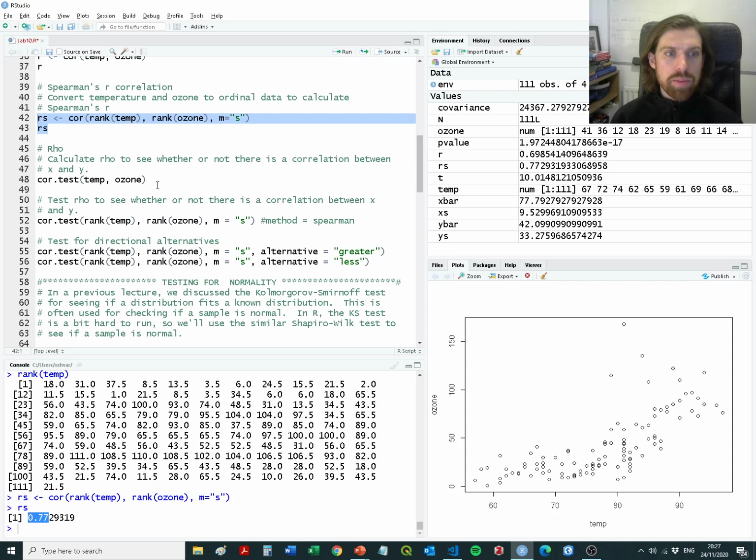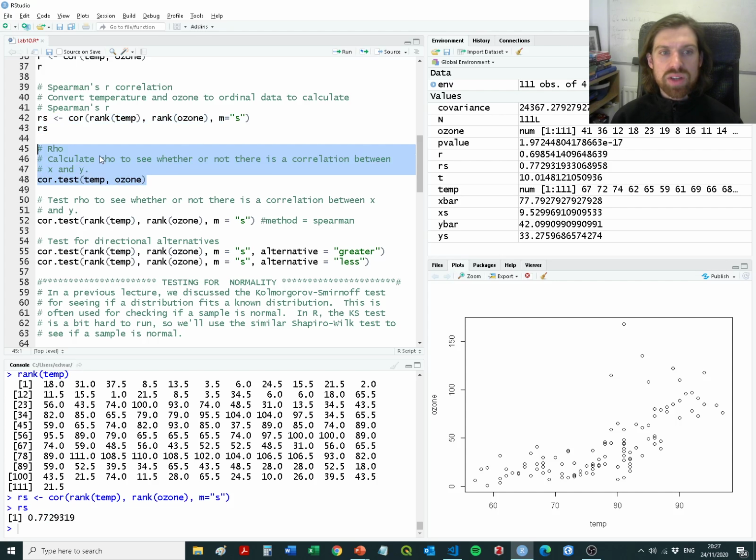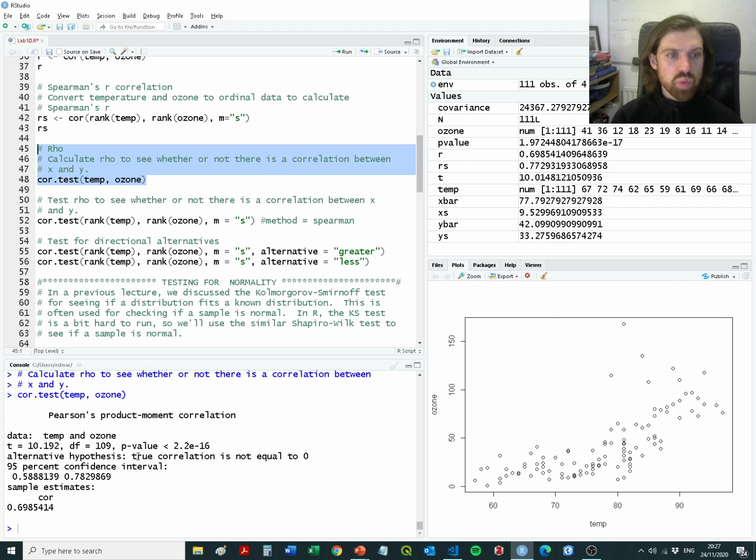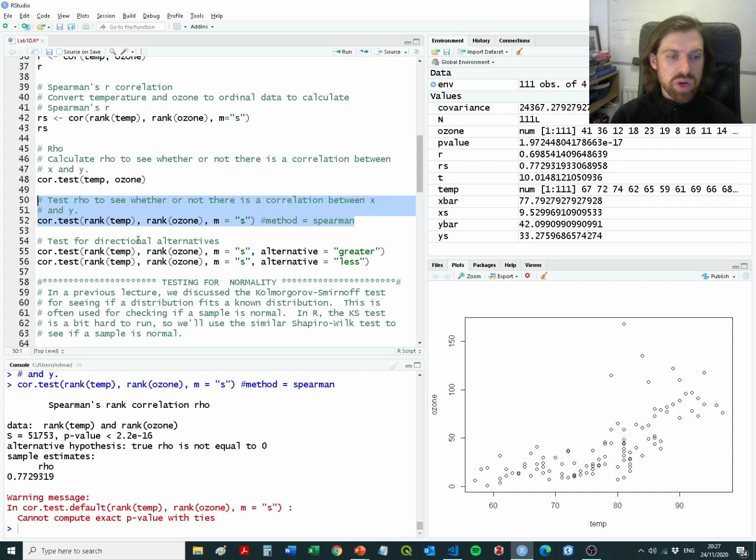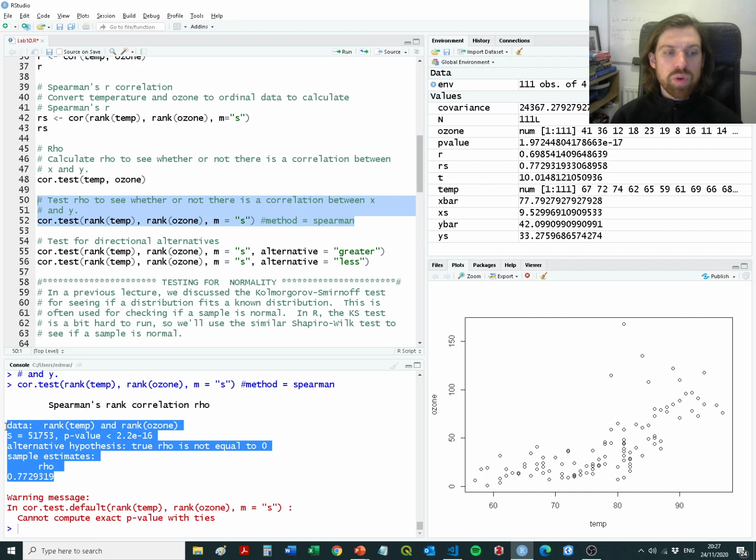Okay, and you can also calculate rho to see whether or not there is a correlation between x and y for Pearson's product moment correlation coefficient. So you can get the rho value, and you can test whether or not there is a correlation between the two. So we're able to do that for Spearman's rank for the non-parametric data.